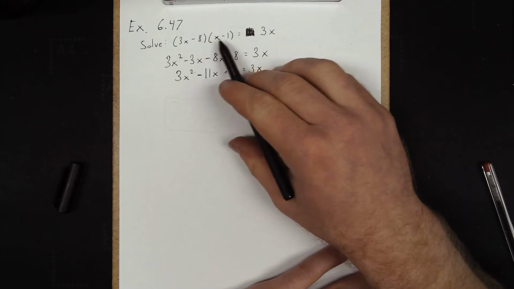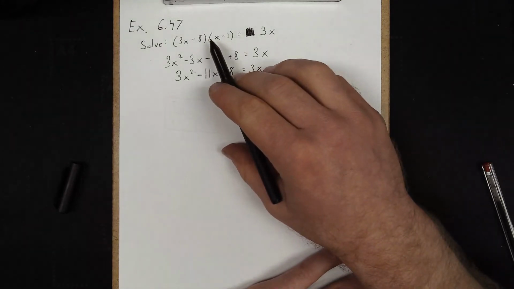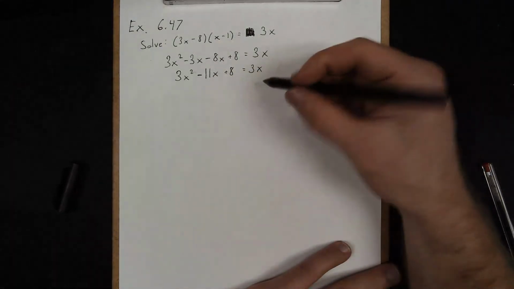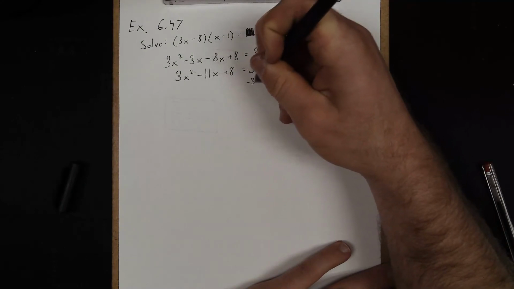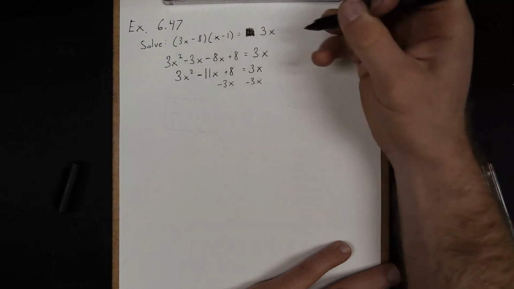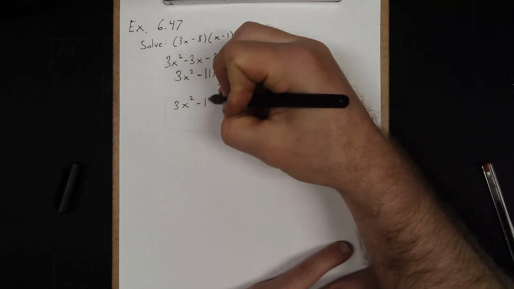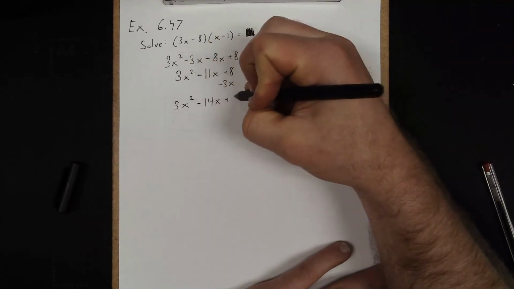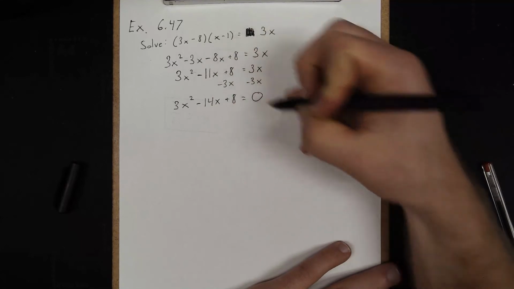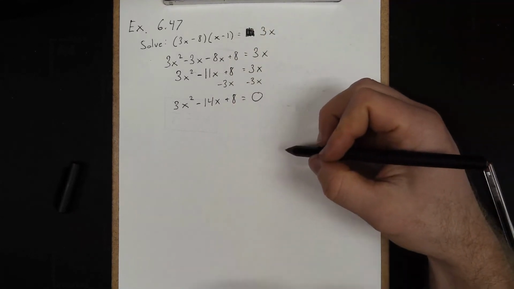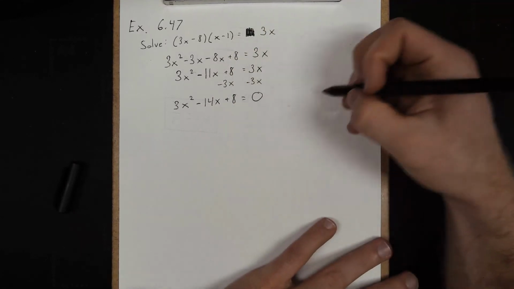Over here, there wasn't much that was going to happen. Now we can do it. We end up with 3x squared minus 14x plus 8, which is equal to 0. Now from here, we can just use our AC method.